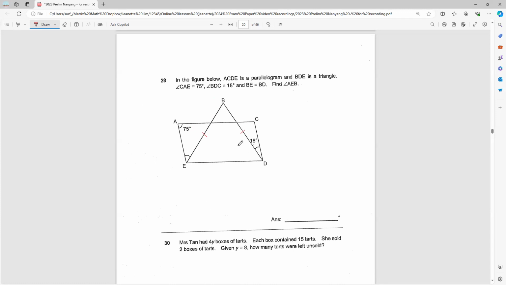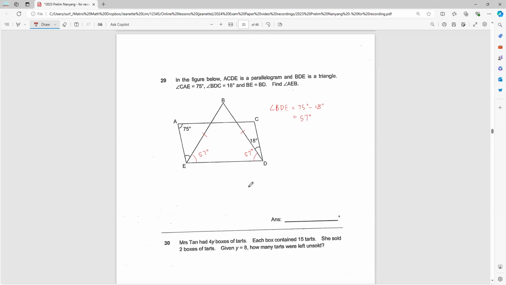Okay, let's find this first, BDE. 75 minus 18, which is 57 degrees. So this is 57. This is also 57.